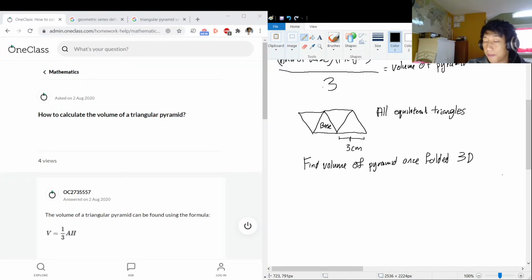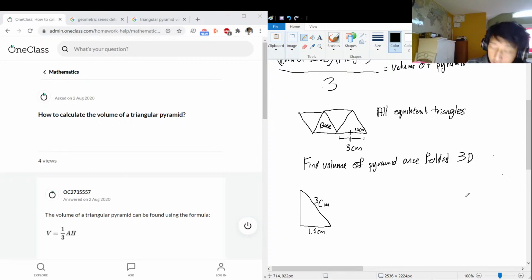Okay, so if that's 3 centimeters, we know that's 1.5 centimeters. And an equilateral triangle is really just two twin 90-degree triangles. We know that that's 1.5 centimeters. We know that that's 3 centimeters. We need to find our vertical side.